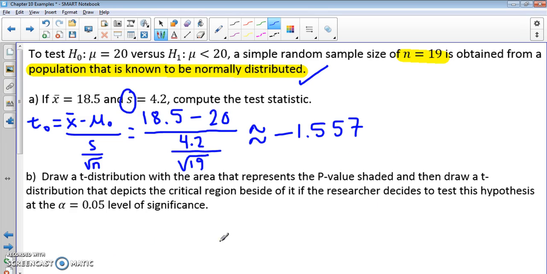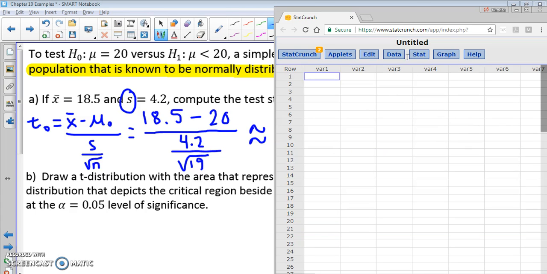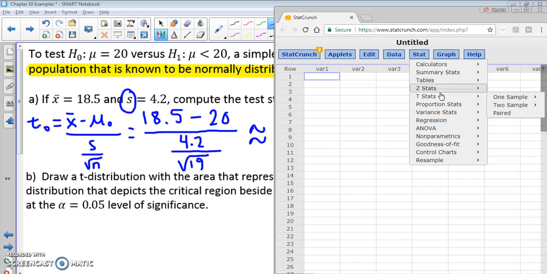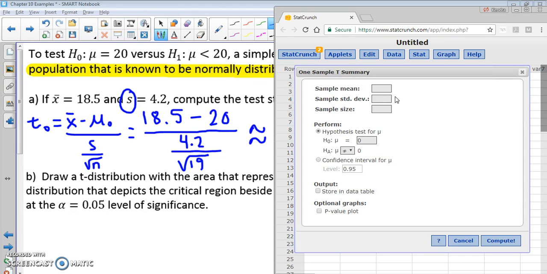So we're going to come over to StatCrunch and compute our test statistic here. We're going to T stats, one sample with summary. Our sample mean here is 18.5. Our sample standard deviation is 4.2. And our sample size is 19.